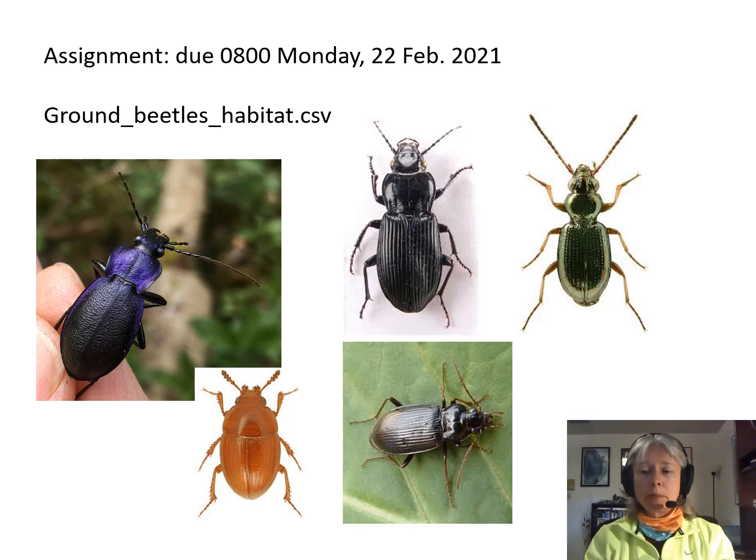For your assignment, you'll be using multiple data sets. You'll start with the ground beetle data frame from last week. And one of the variables included in this data frame is called habitat.